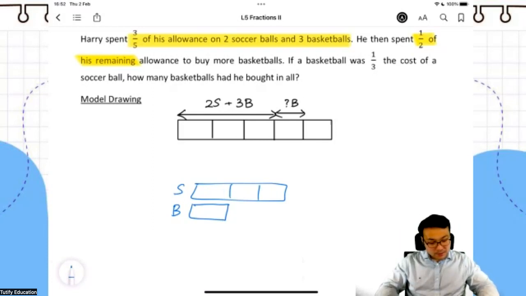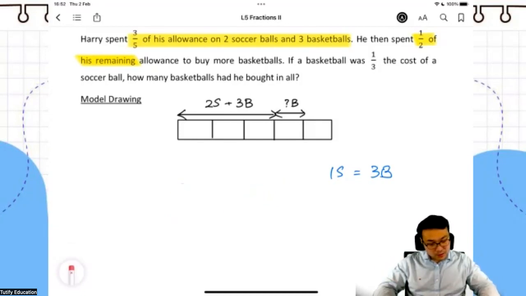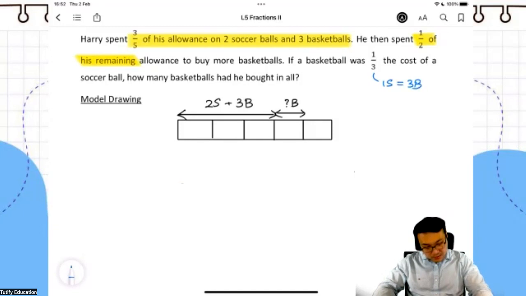If I want to compare the soccer ball and basketball, what can I say? I can say that 1 soccer ball is as expensive as 3 basketballs. Everyone agree? Yeah, because if I buy 1 soccer ball, I can convert it into 3 basketballs, right? So 1 soccer ball is actually equivalent to 3 basketballs. So let's just write this down. It means that 1 soccer ball equals 3 basketballs.